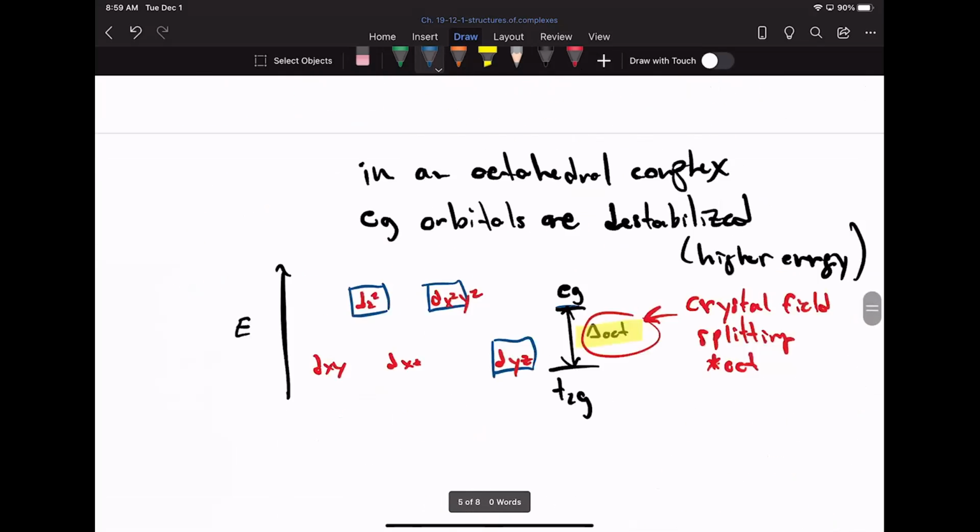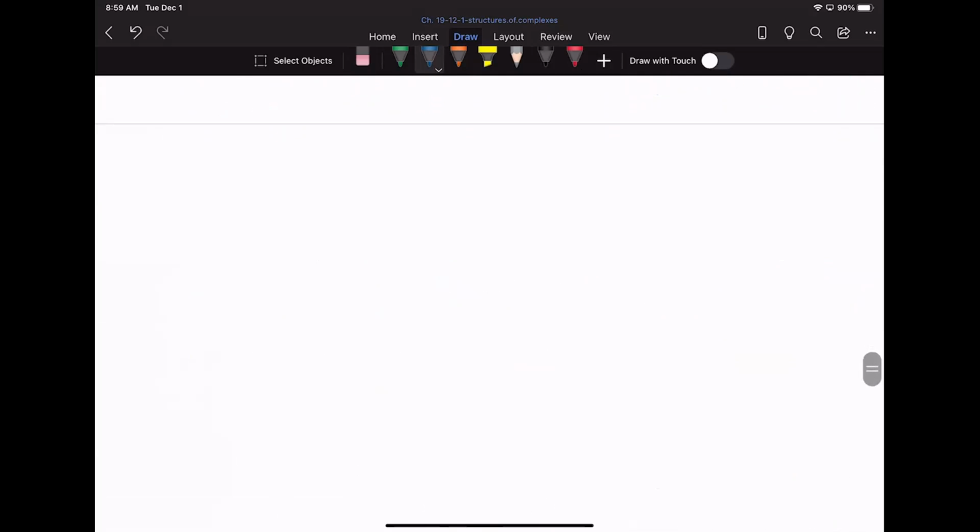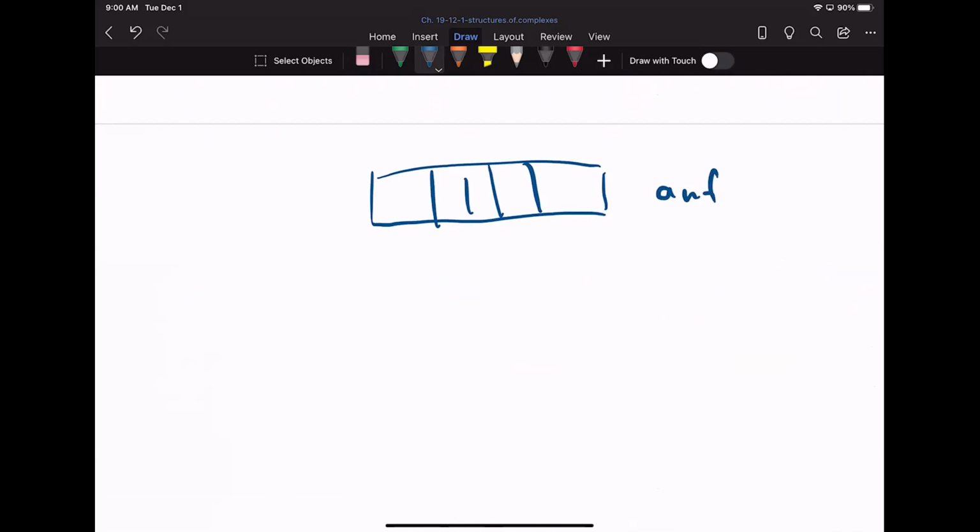So why does this splitting even matter? It matters when we start filling up the d orbitals. Remember our d orbitals, and we go with what you might remember as the aufbau principle.